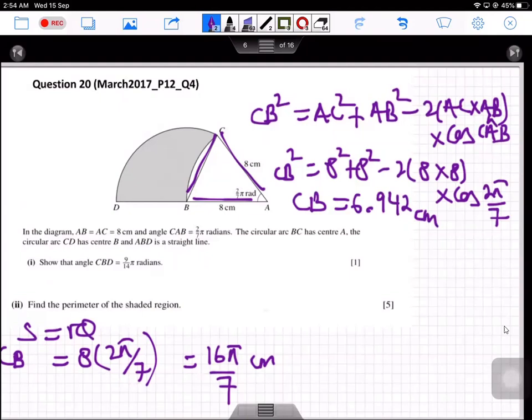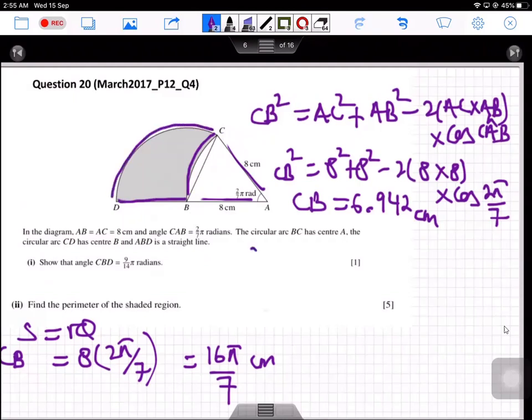All right. So this CB is equal to BD. So this length BD is the radius of the circle, which is 6.942 centimeters. To find the perimeter of the shaded region, we know this arc length CB and this length BD, and now we need this arc length CD.